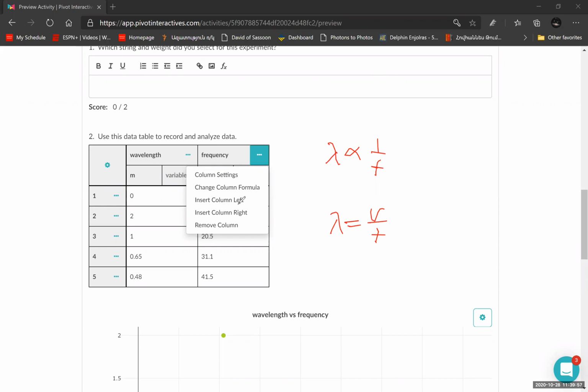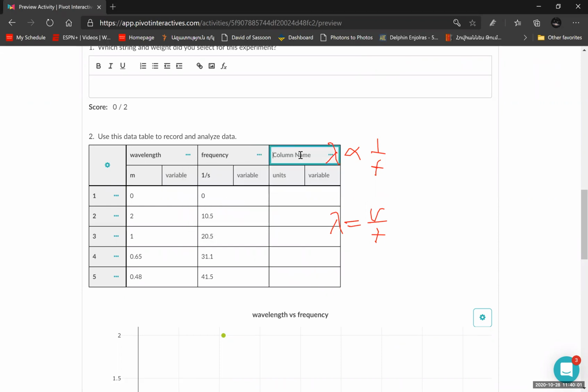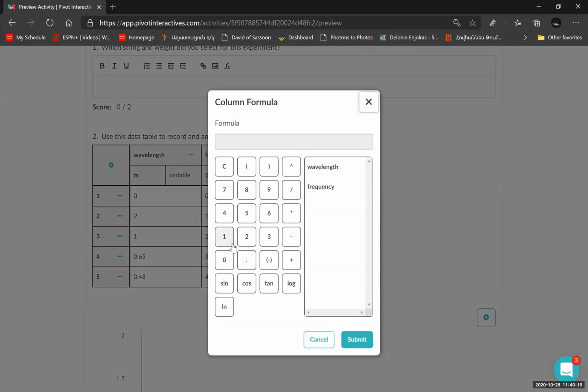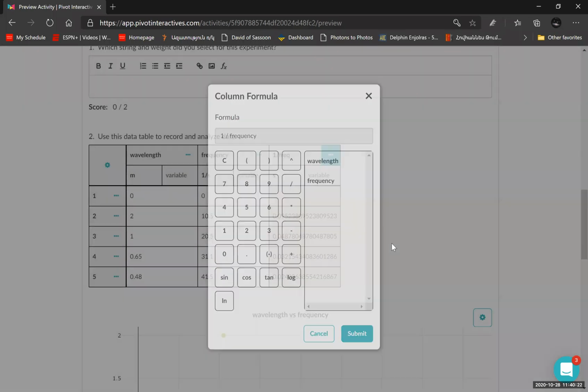All right. So then that means I need to add another column to the right, and let's say 1 over the frequency. So units then will be seconds, because 1 over frequency, 1 over 1 per second, right? You get this. So then you can do the equation here as 1 divided by frequency, and it automatically will give you that.